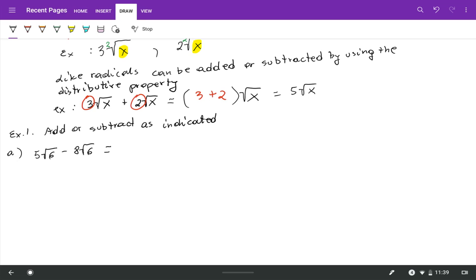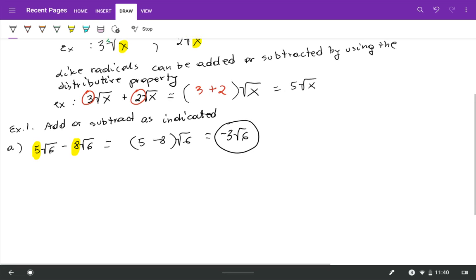Since both of them are like radicals, we definitely can subtract them. Outside of the parenthesis, you will put square root of 6, and that will be 5 minus 8. So we're subtracting the numbers in front of the radical. We end up with 5 minus 8, which is negative 3 square root of 6. So this is the solution.